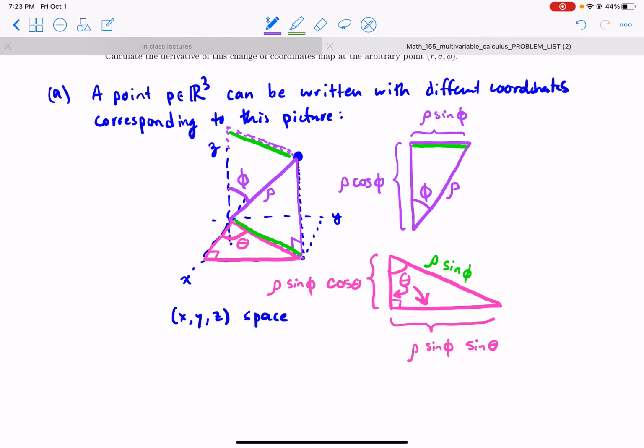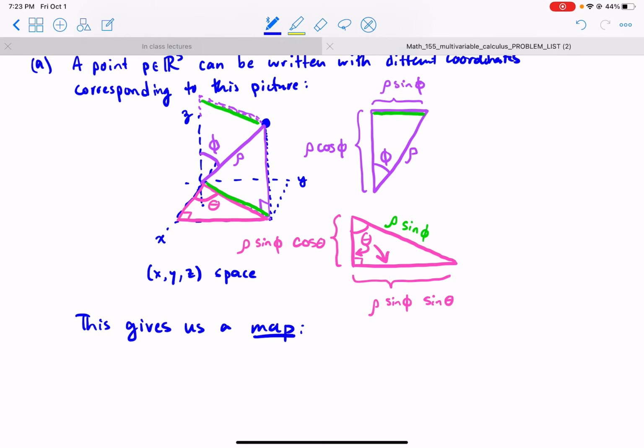Okay? And now, after having all this diagram, I finally say this gives us a map. What is the map?